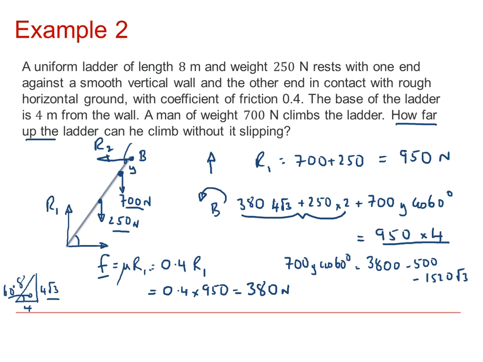So if you then calculate that and divide by 700 cos 60, you find that y is equal to 1.91 meters. And therefore we can say the answer to the question, the distance up the ladder, is equal to 8 minus 1.91, and that's equal to 6.09 meters.